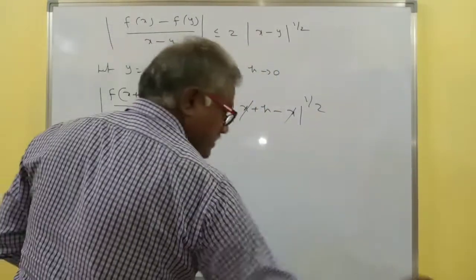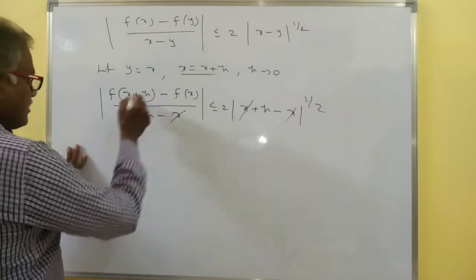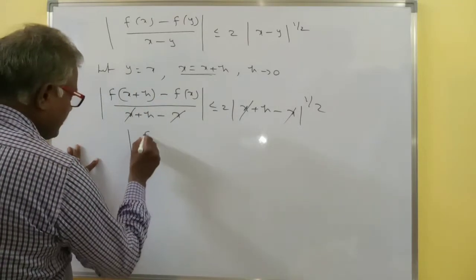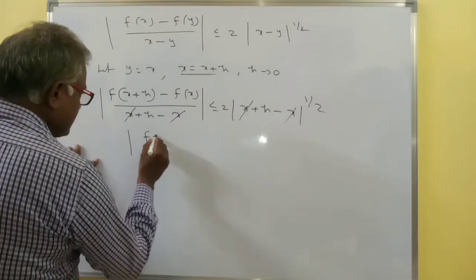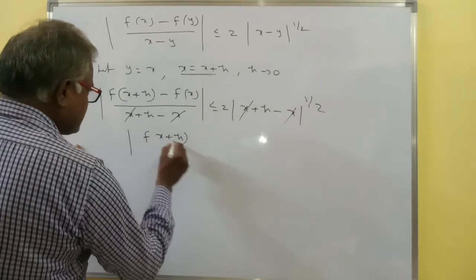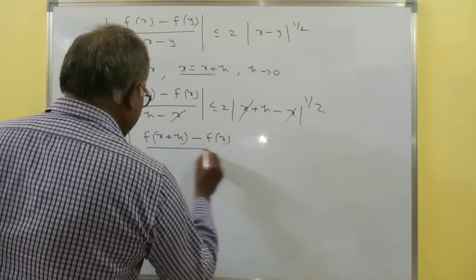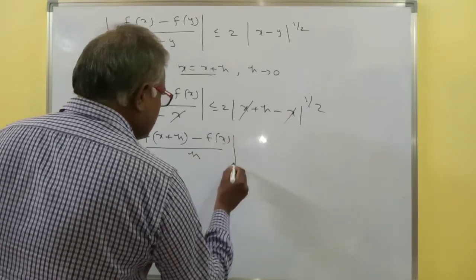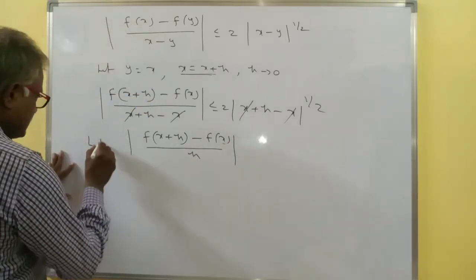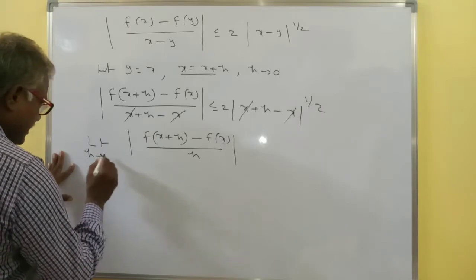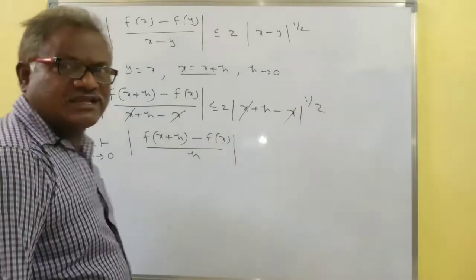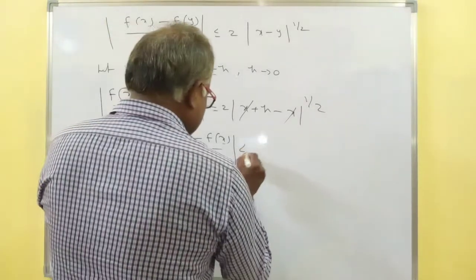You see here, finally what we will get? f of x plus h minus f of x by h. That's why I have to take limit h tends to 0 on both sides.